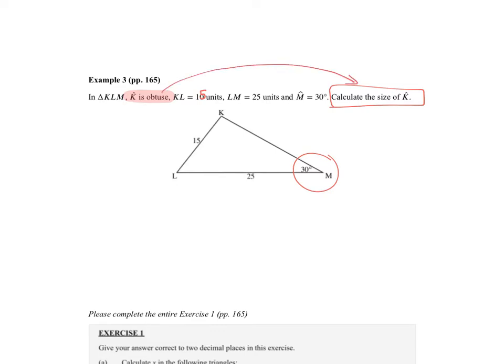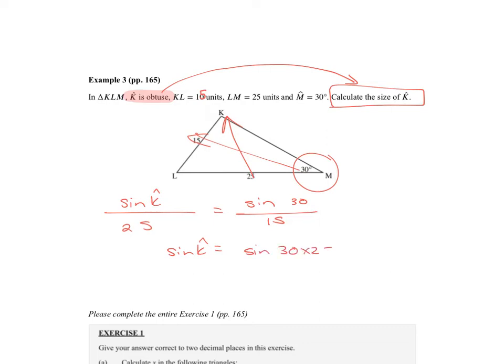All right, so then we're working with our complete side here, so we can work out K quite easily. So sine of K over 25 is equal to sine of 30 over 15. So sine of K is equal to sine 30 times 25 all over 15.